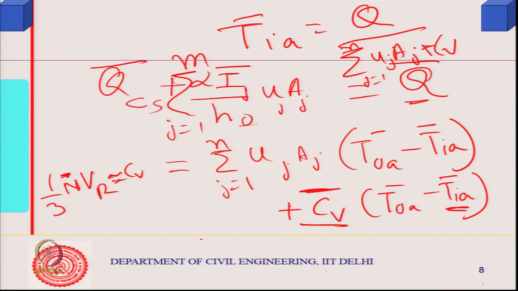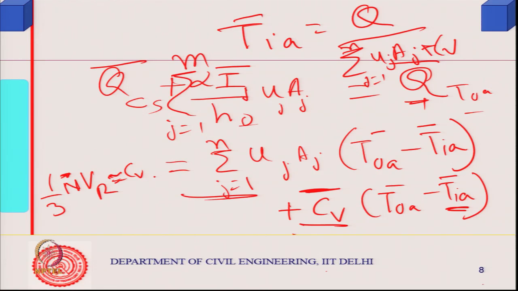So TIA is on the other side, and TOA minus TIA would be this, Q divided by all this, so plus or minus TOA, whichever it is. From this I can find out TIA.